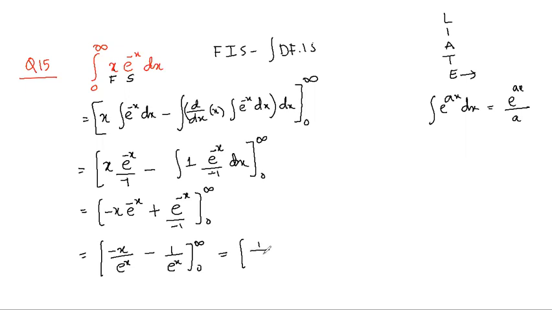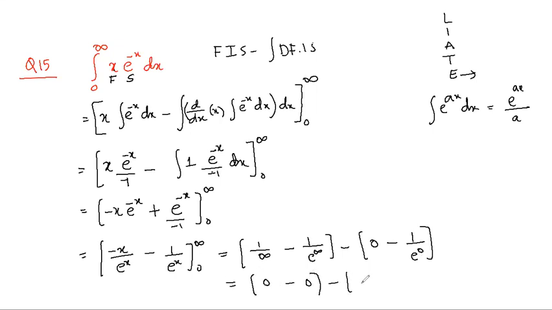So it becomes infinity in the denominator here, and minus here also infinity in the denominator. Replace x by 0. This becomes 0. This will become 1. So these all are zeros: 0, minus 0, minus 0, plus 1, or minus 1, sorry. So your answer is 1.